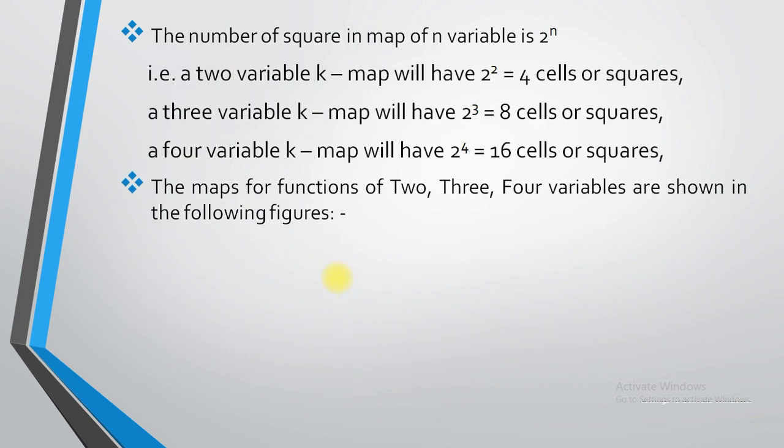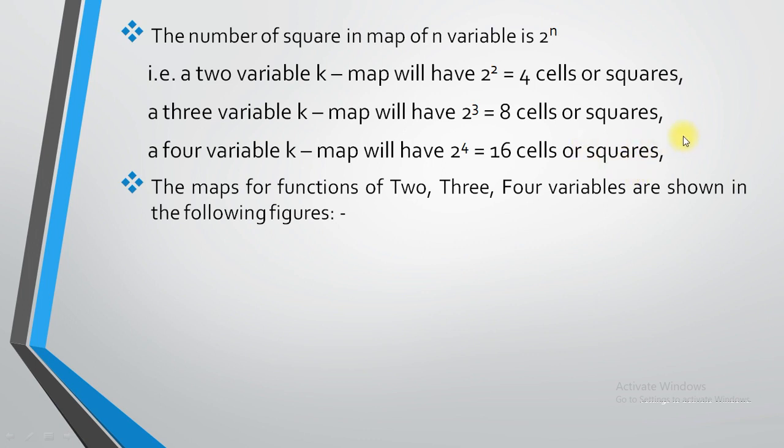Now see how many cells there are. Say for example, if you have two input variables, at that time there are 4 cells or squares. If you have 2 raised to 3, that means a 3-variable K-map, how many cells are there? 8 cells are there. For a 4-variable K-map, you have 2 raised to 4 equals 16 cells or squares.